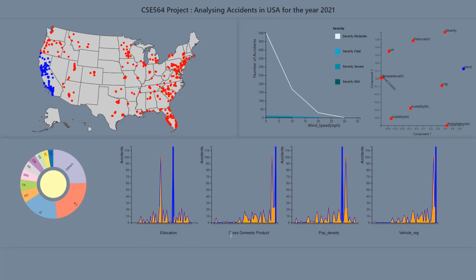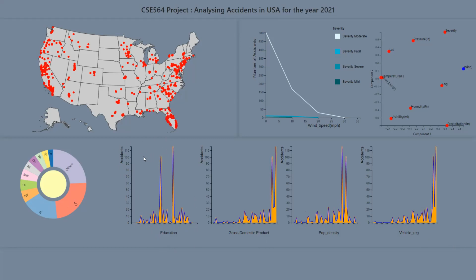Similarly, the gross domestic product, the population density, and the number of vehicles registered are all sorted. To see which bar belongs to which state, we can directly click on the state to see its corresponding bar.